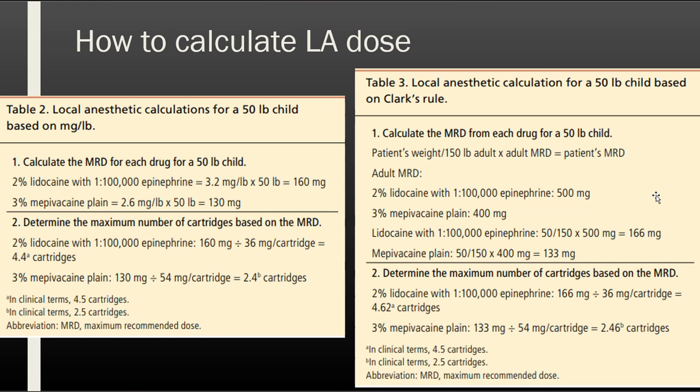So 2% means 20 milligrams. Okay? Now, 2% lidocaine with 1 to 100,000 epinephrine means 3.2 milligrams per pound multiplied with 50 pounds equals 160.